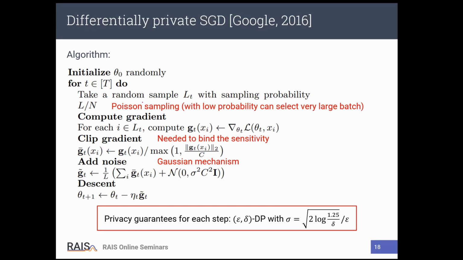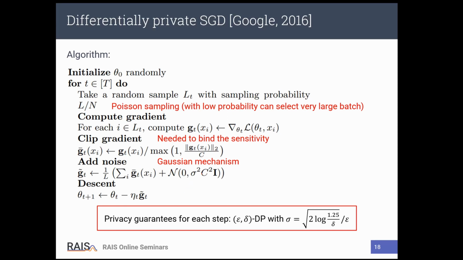Basically, the size of the batch will vary: each entry in the database will be selected with probability L over N. So on average we will get a batch of L samples, but we could get many more or many fewer. After that, we compute the gradient.